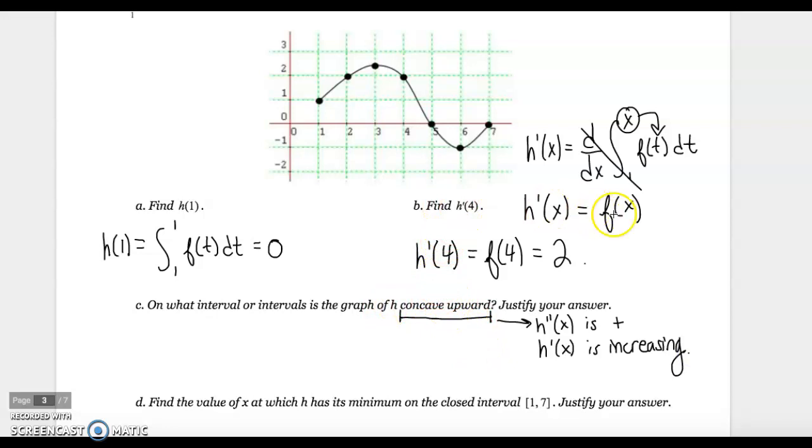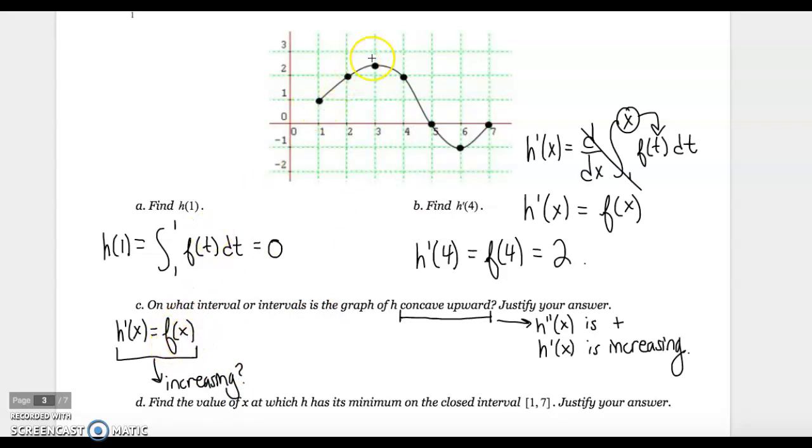Now, luckily, we already have some information about h prime. Since h prime of x is f of x, I'm going to be looking at where these things are increasing. Looking at my graph, I'm just looking at where my function f of x is increasing.